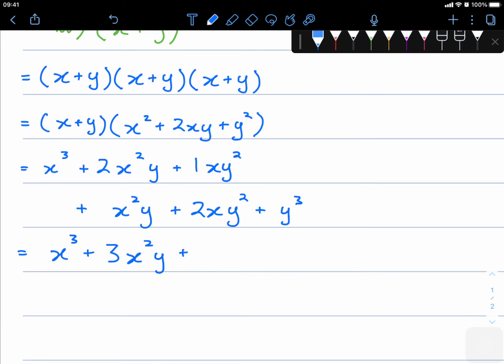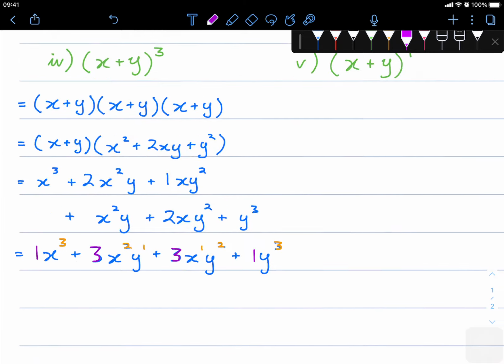That's going to become 3xy squared plus y cubed. I'm going to draw your attention again to the powers. 3, 2, 1, 1, 2, and 3. As for the coefficients, it's 1, 3, 3, 1.